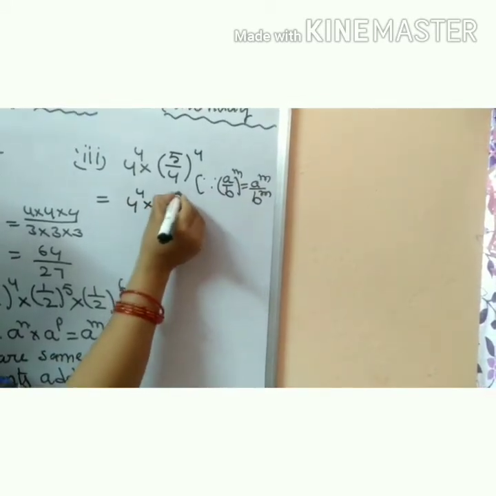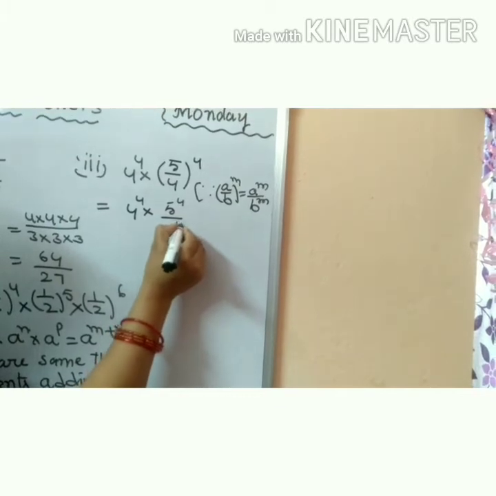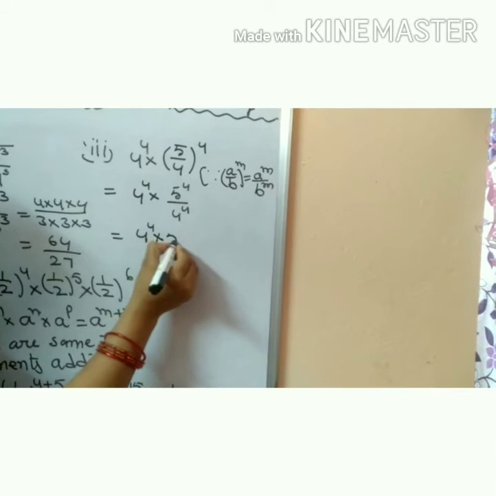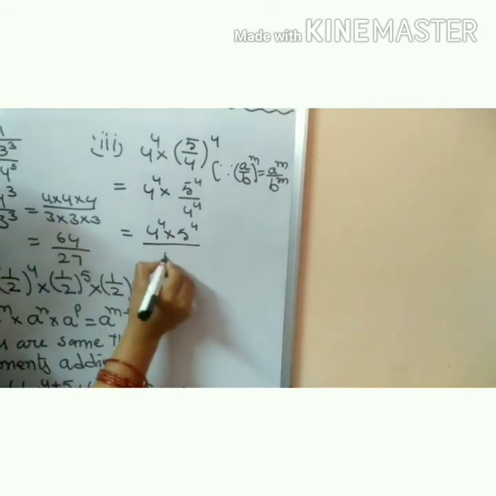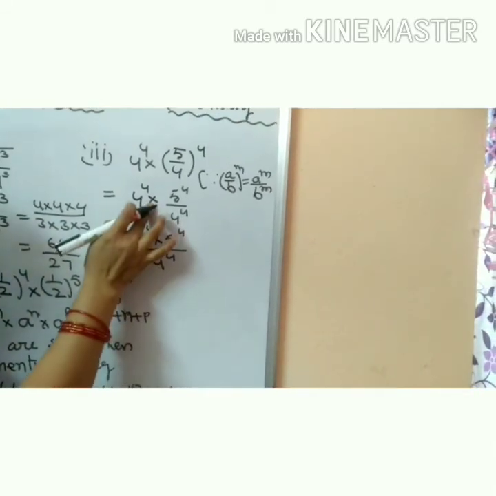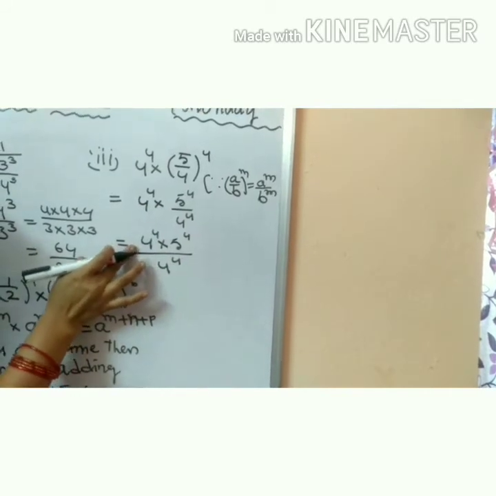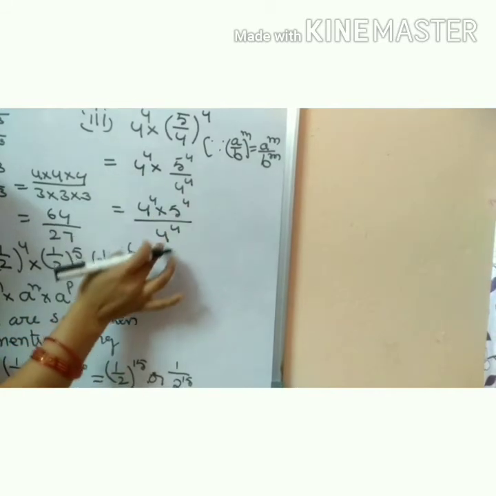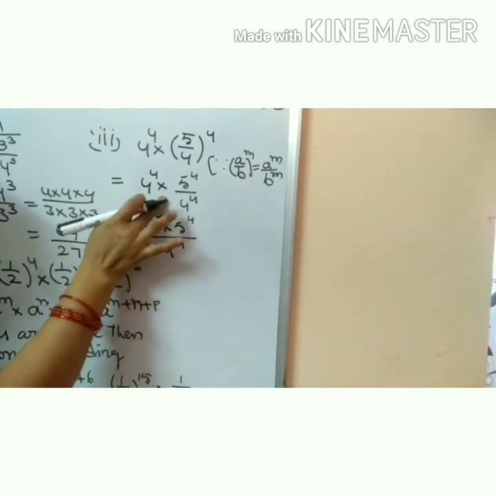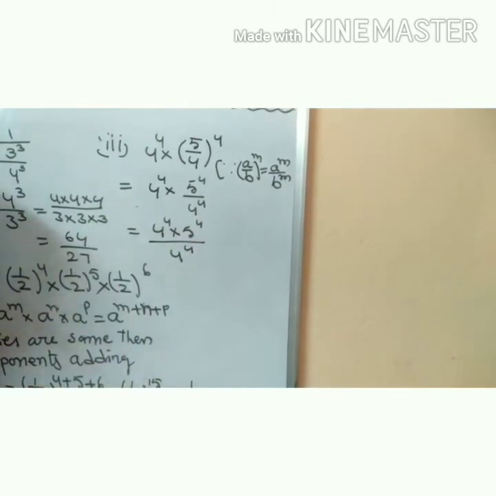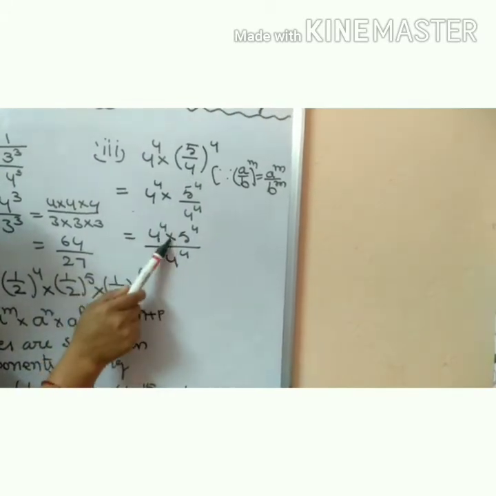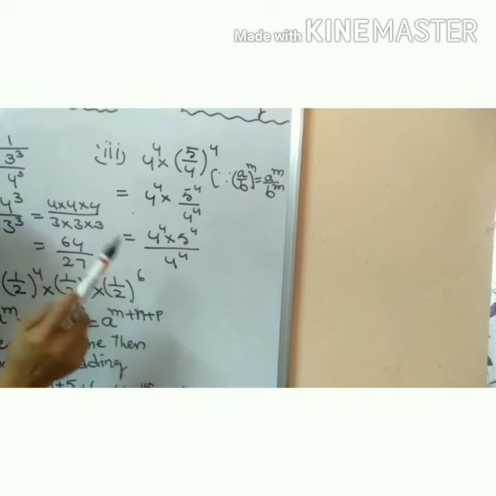So 5 power 4 by 4 power 4, and 4 power 4 into 5 power 4 by 4 power 4. The symbol here is multiplication, so we should write it like this. A plus symbol would mean taking the LCM, but here the symbol is multiplication.